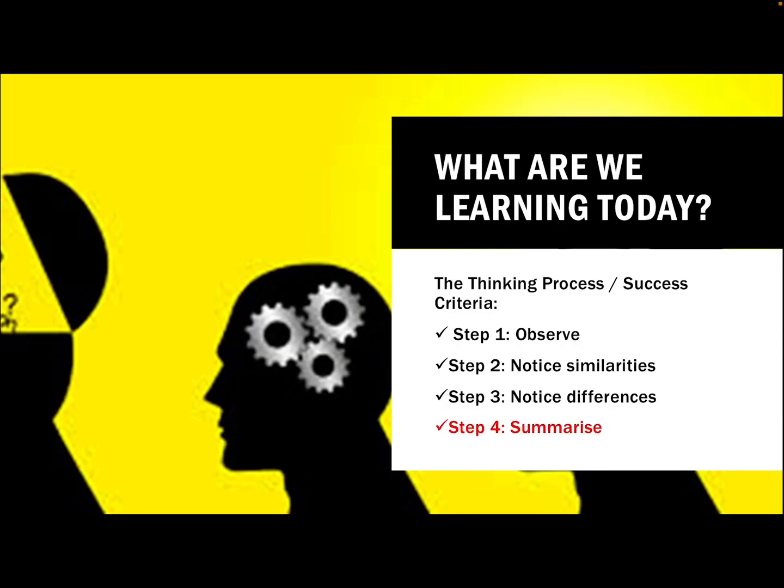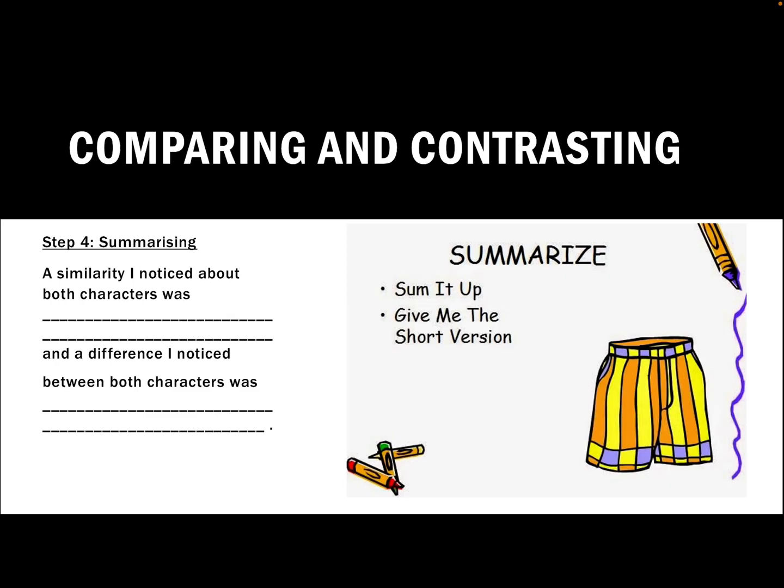And the last step then to compare and contrast is to then summarise what we've just talked about. So we talked about summary and most of our thinking readers so far. So to summarise something is to sum it up, give you the short version. So I've given you an example sentence and you can use this example sentence in your task. So step 4, summarising.